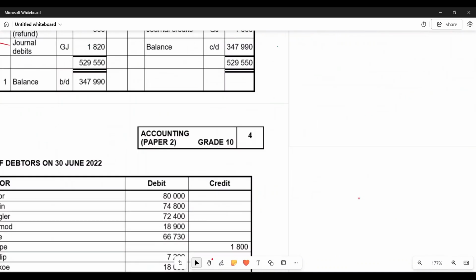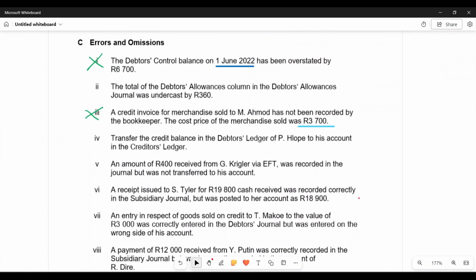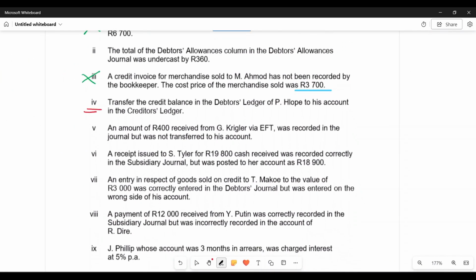Now let me see if there's any transaction that would affect this general debits account. Here we have a transaction which relates to a transfer. Transfer of the credit balance in the debtor's ledger of P. Lope into his account in the creditor's ledger. Basically, this transaction would affect our ledger as well as our debtors list.